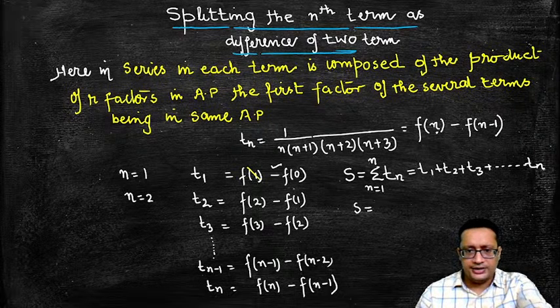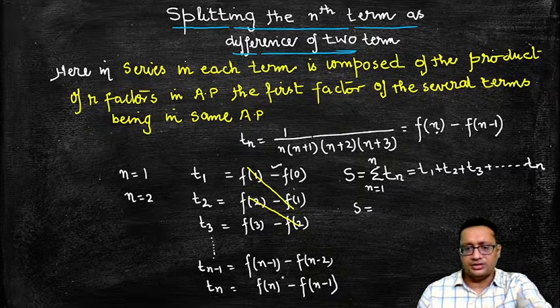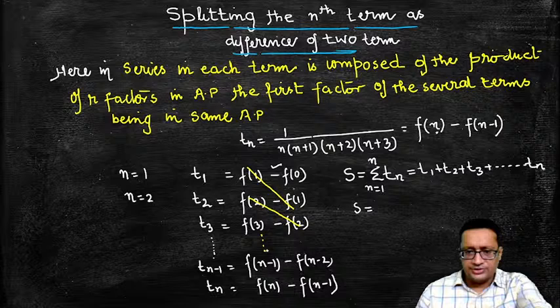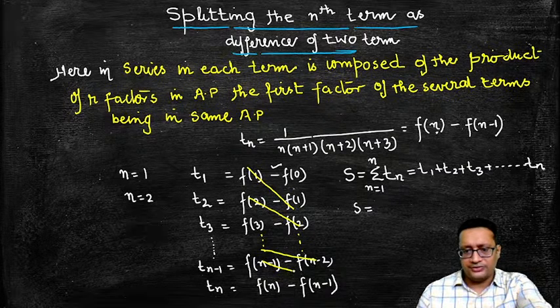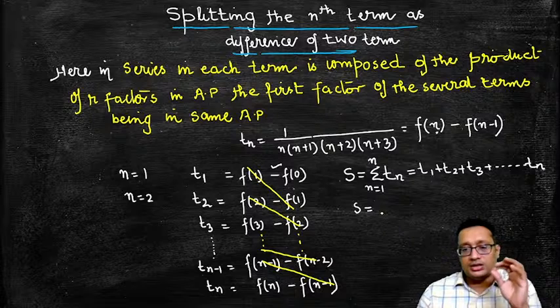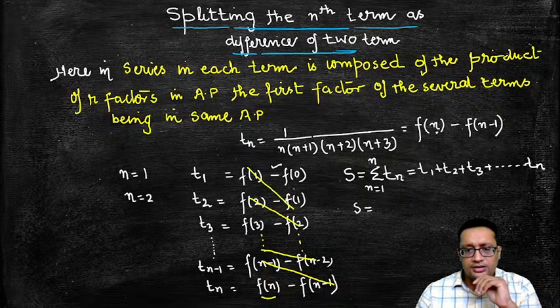If you add, f of 1 minus f of 1 will get cancelled, f of 2 minus f of 2 will get cancelled. Similarly, many terms are there and it keeps on cancelling. f of n minus 2 will get cancelled before it, and f of n minus 1 gets cancelled with f of n minus 1. So what result are you getting for the sum? You are getting f of n minus f of 0.